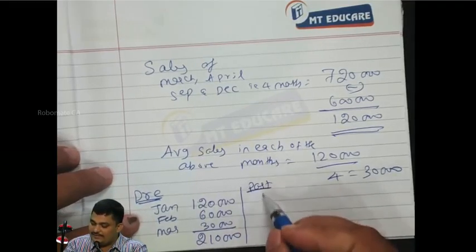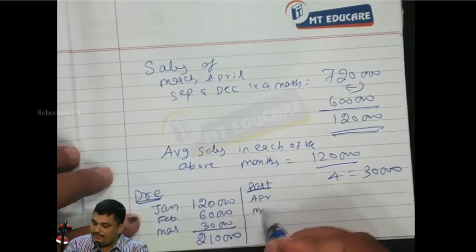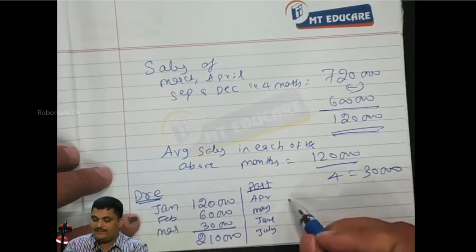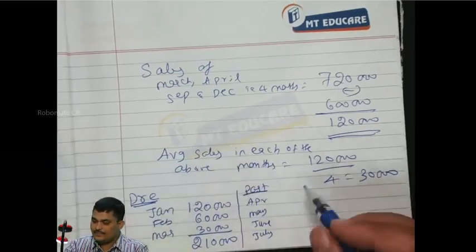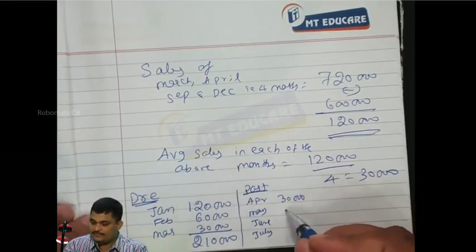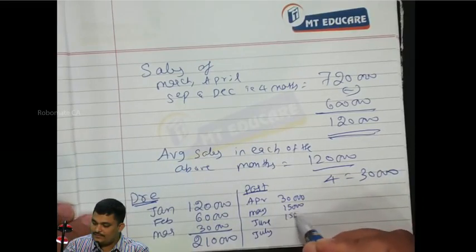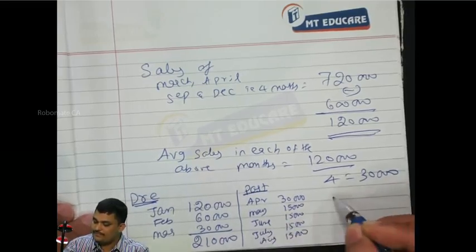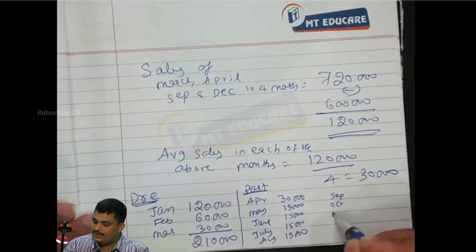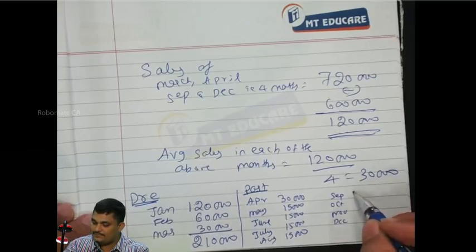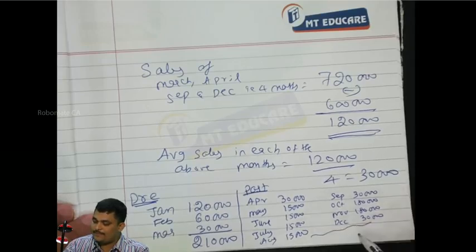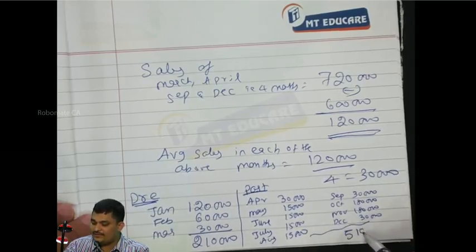Post incorporation period, April, May, June, July, April 30,000, May 15,000, 15,000, August, September, October, November, December, 30,000, 5,10,000.